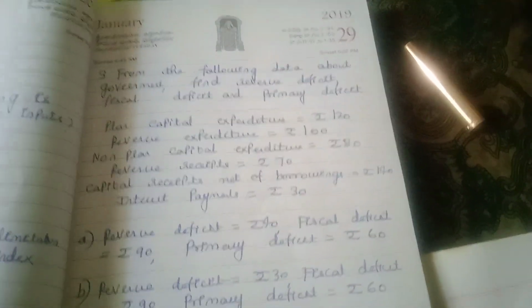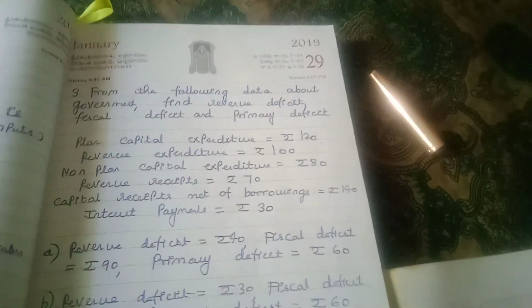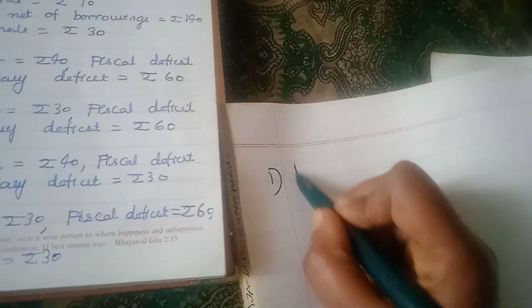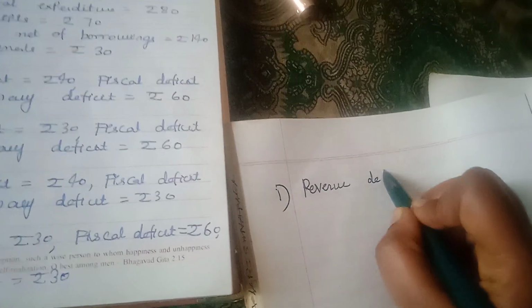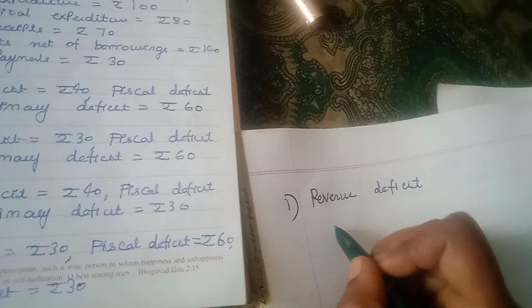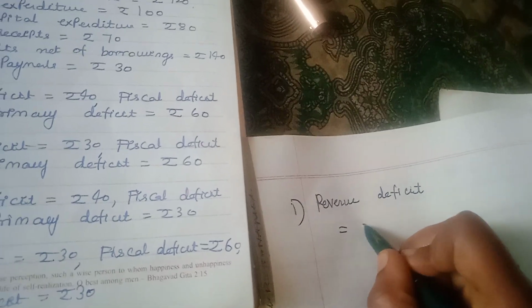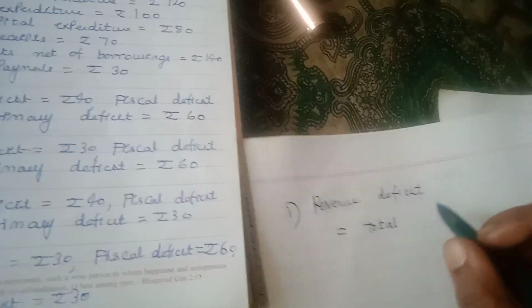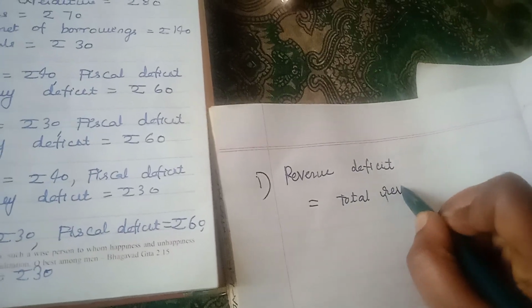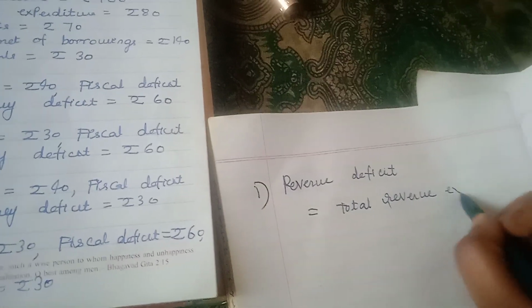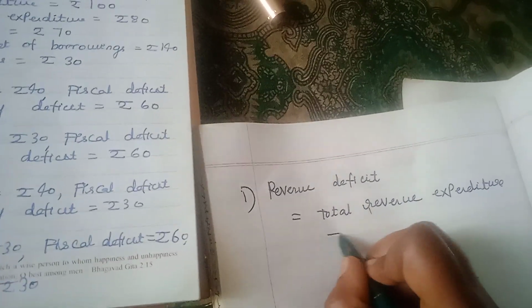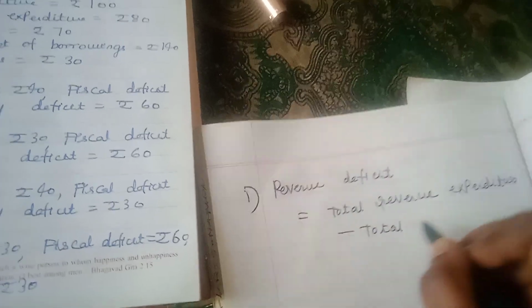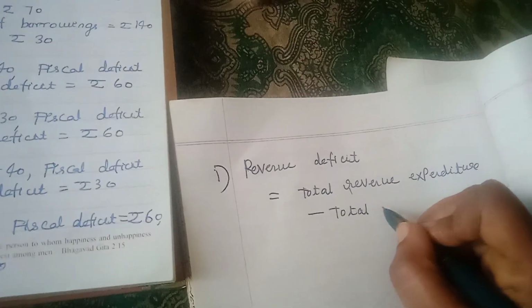Now let us calculate revenue deficit first. Revenue deficit is equal to total revenue expenditure minus total revenue receipts.